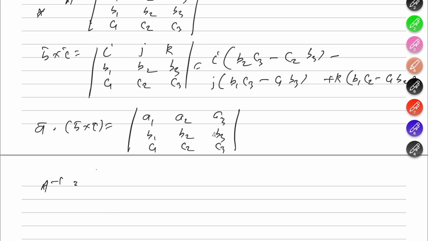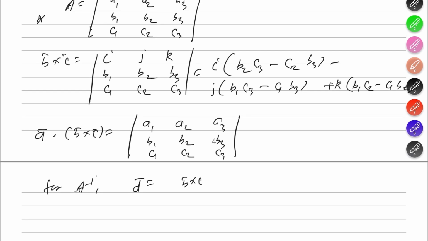So for A inverse, vector D is B cross C upon A dot B cross C. This is nothing but the determinant of A. Understand?